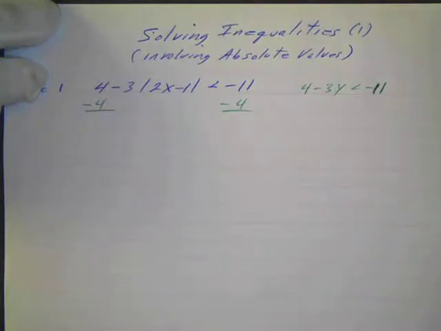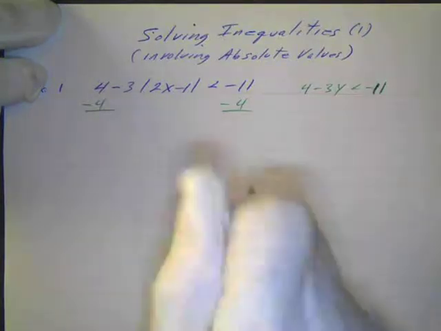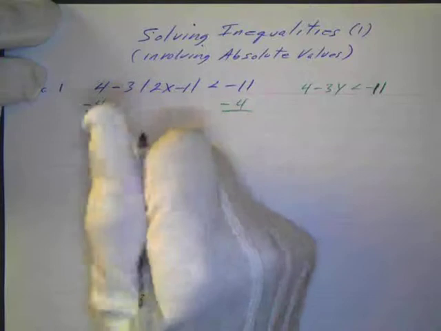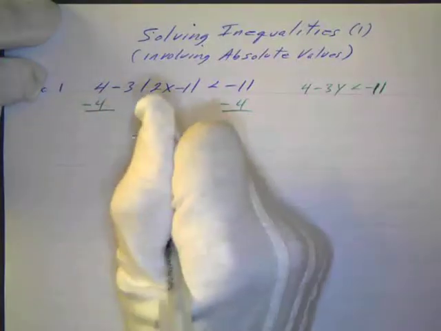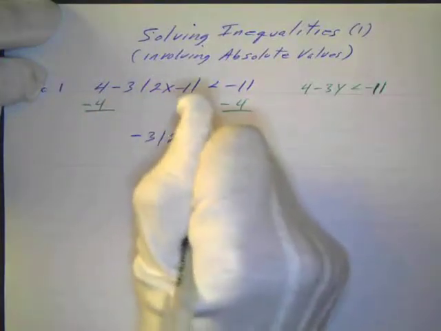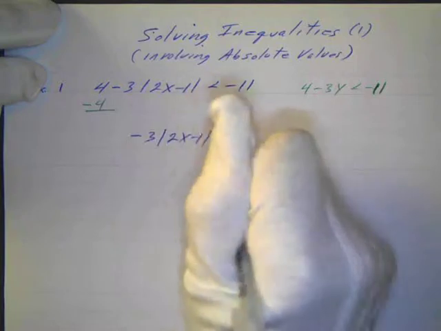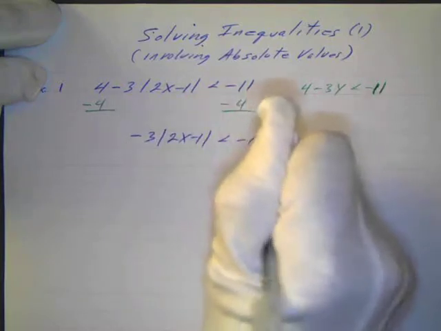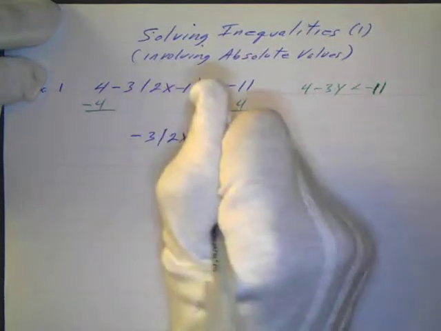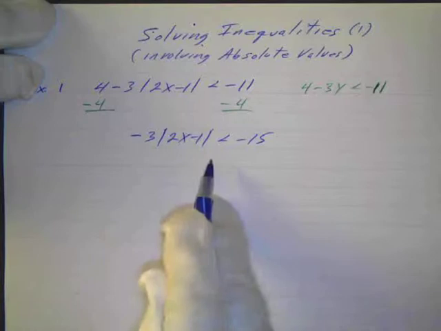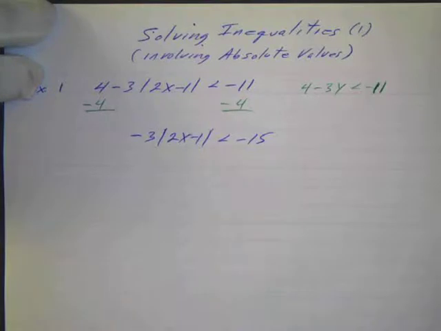And we end up with negative 3 times the absolute value of 2x minus 1 is less than negative 15. You might see a problem like this, and you know where to go from here.